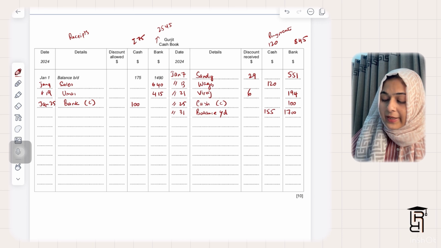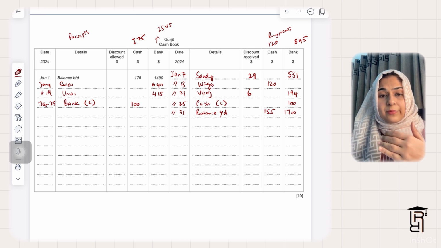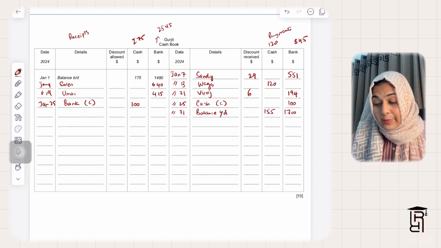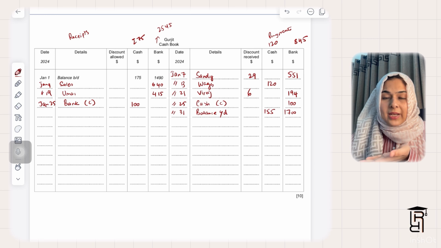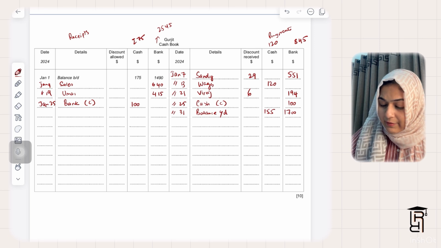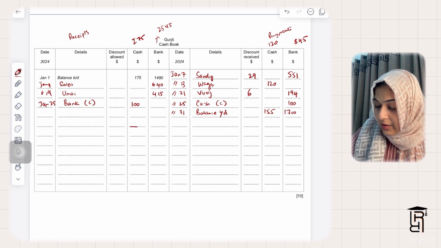Now these are our balances, and obviously we have a positive balance in the end, and we had a positive bank balance at the start as well, because it was a debit balance, and now it's a credit balance carried down, so that means it becomes a debit balance on February 1st 2024. So I will simply balance this. I will write here 275, 275 on the credit side too.